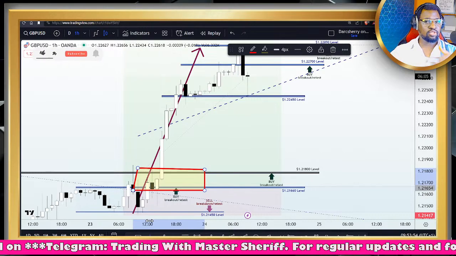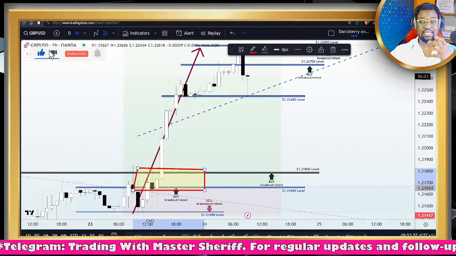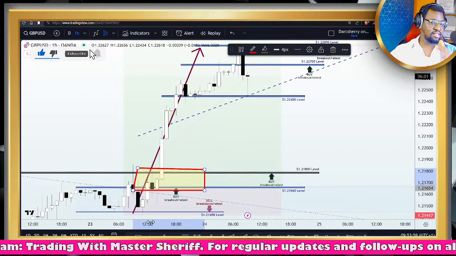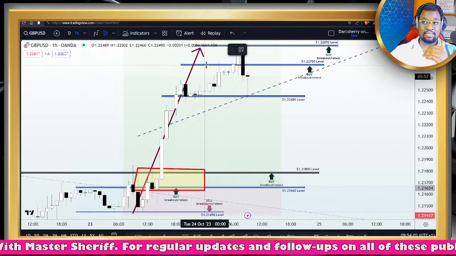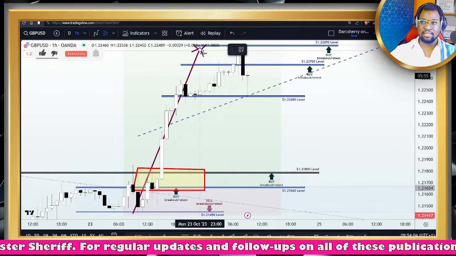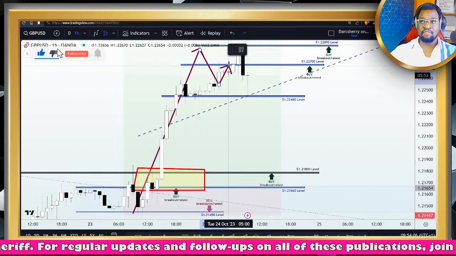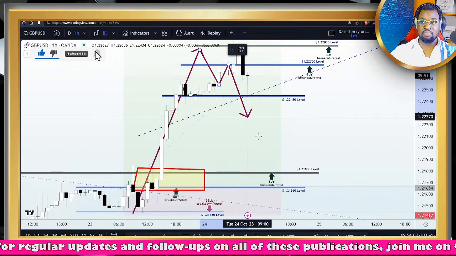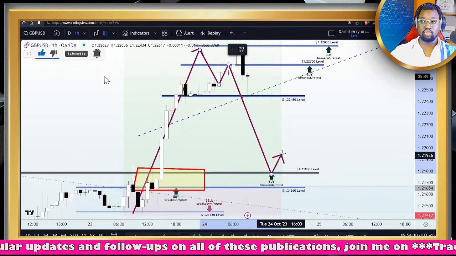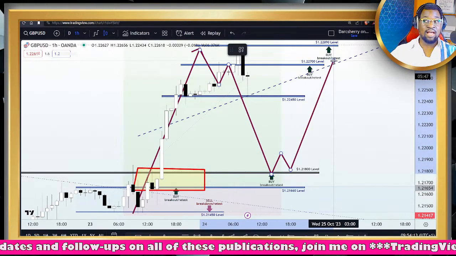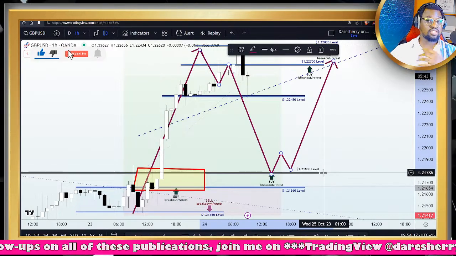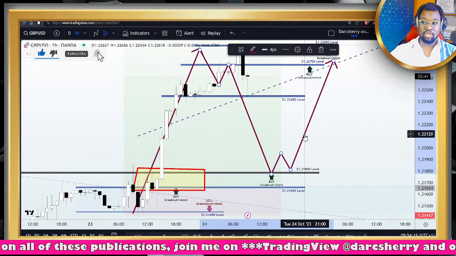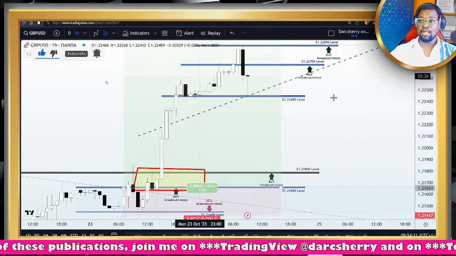And from a technical standpoint, you know that when price breaks out of a key structure or a key zone such as what we have here, we expect that at some point in time there will be some profit taking activities, which might reflect on the chart as retracement back into that structure to incite another wave of bullish momentum. This is a possibility we also want to be considering while we monitor price action on the GBP USD.